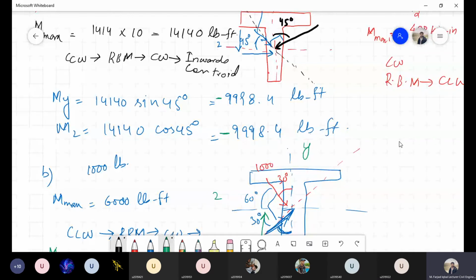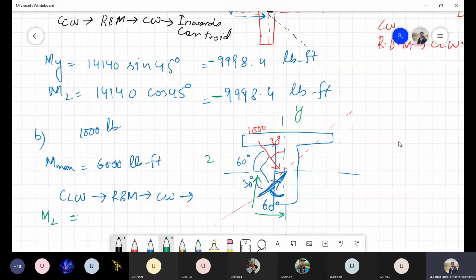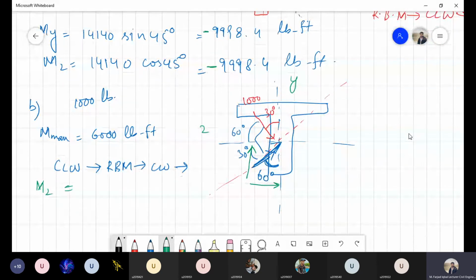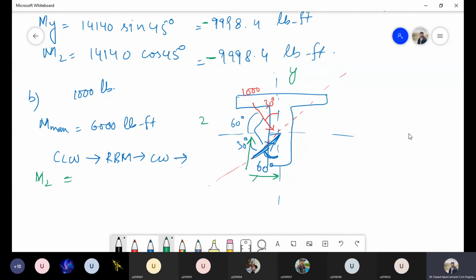So both of these are negative, and in this figure, I can see that Mz is acting towards right side, so it is negative 6000 sine of 60 degree, and My is acting in the positive y direction, so that will be 6000 cos of 60 degree.